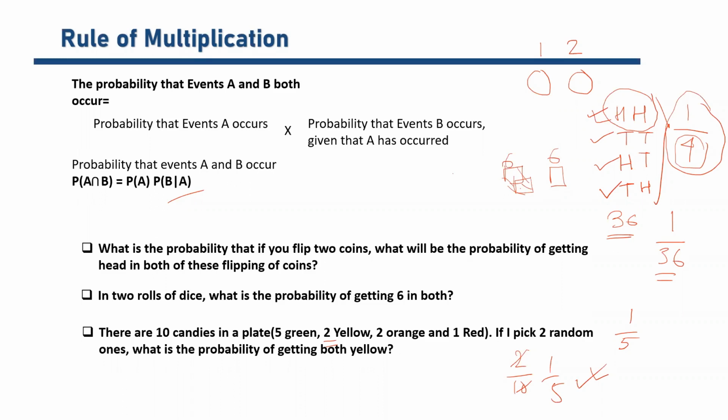So the answer here, I think, will be 1 by 5. We'll go to the one which you are talking about, right? So the question might be tricky, but the answer is going to be 1 by 5 because we are picking 2 at once, okay? Not 1 by 1, okay?